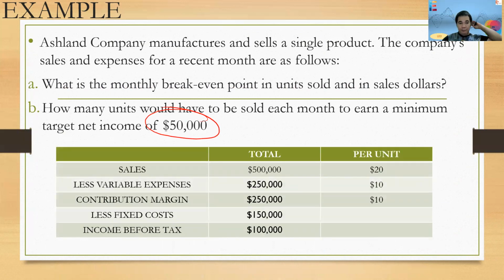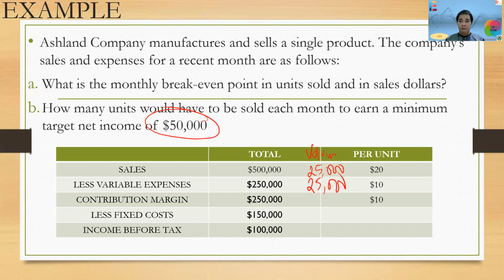So, for example, your sales is equal to $500,000. So that is, say for example, in terms of volume, 500,000 divided by 20. Your volume is 25,000. Variable expenses is 250,000 divided by 10. That is 25,000.